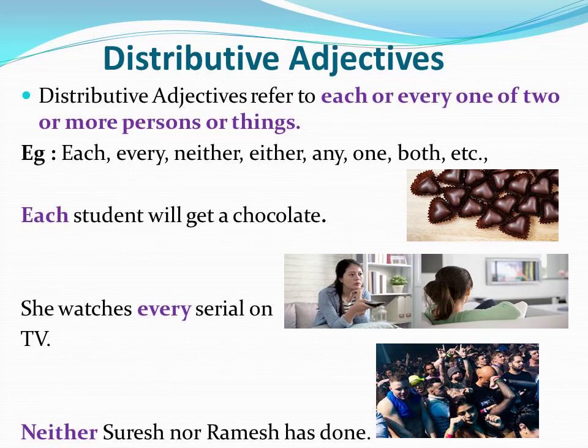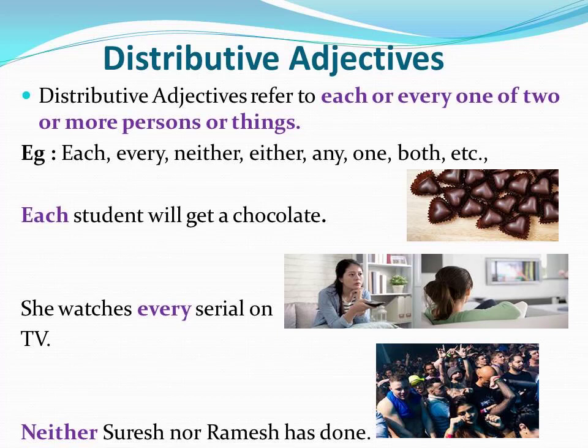For example, if we are attending the Independence Day function, there our teacher always tells a dialogue. Each student will get a chocolate. Yes, each student. Here, each refers to the student.